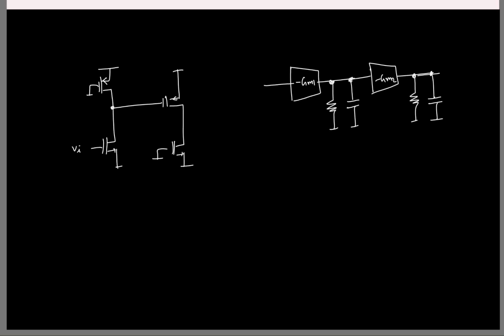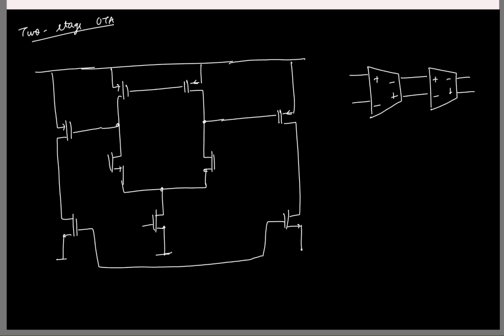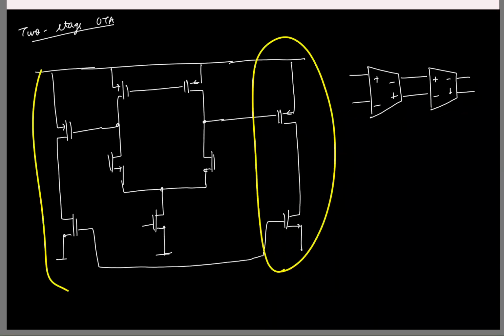Around the second stage we can put a Miller cap, right? And I'll also add that zero cancelling resistor. So this is how it will be. So in the full circuit, where will I have this capacitor and resistor? I mean, I have two second stages.